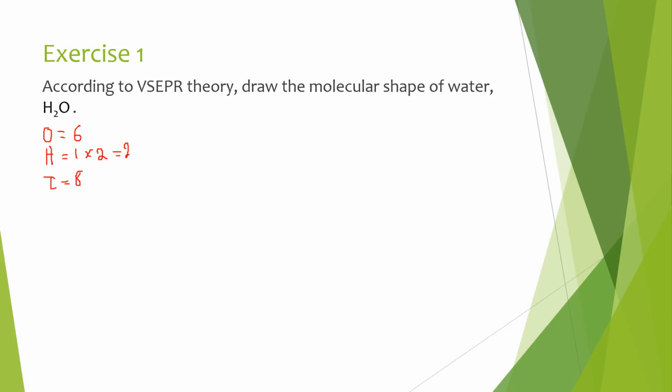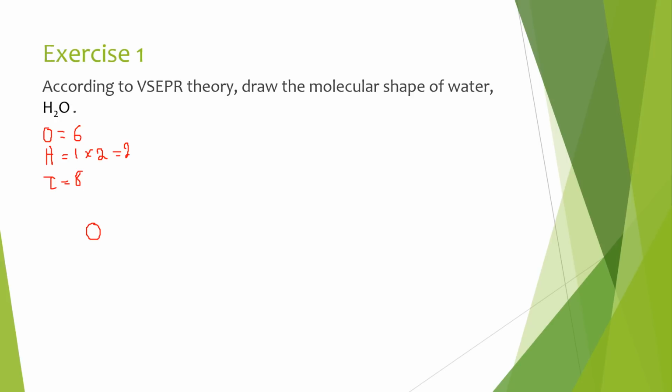Next, you need to determine between the O and H which one will be the central atom. For water, O will become the central atom. This is because hydrogen is not possible to become a central atom, because a central atom needs to form more than one bond with the side atoms, and hydrogen can only have a duplet configuration.